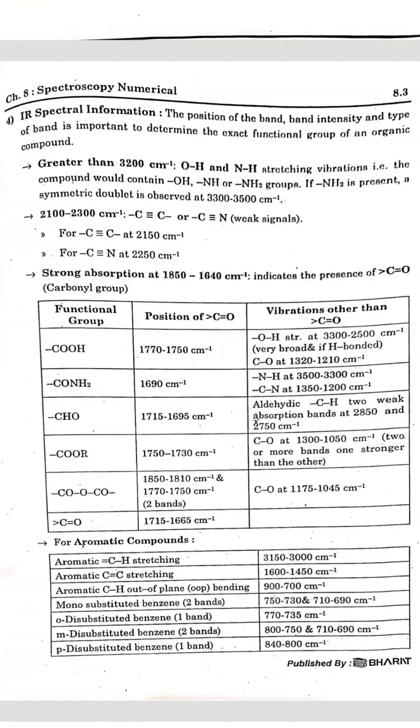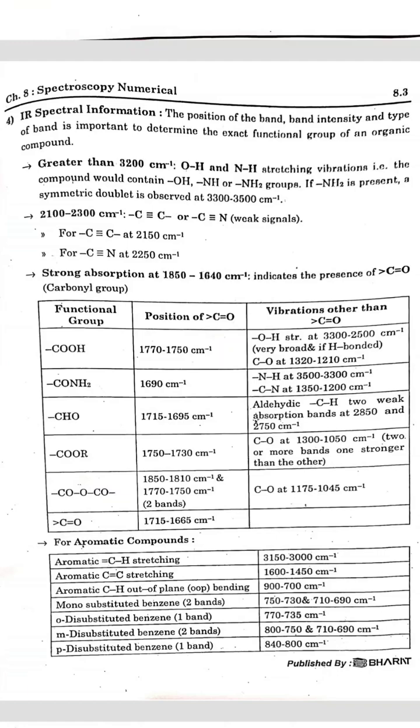Okay, important tips for IR spectra. Students often forget to convert mass into kilograms. This leads to wrong answers. Okay, please listen carefully. Here you can read that around 3200 centimeter inverse is the OH and NH bond.